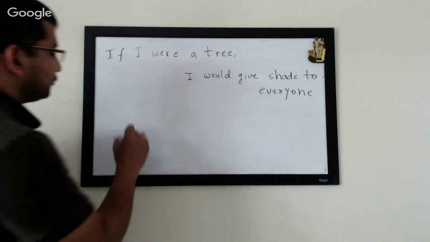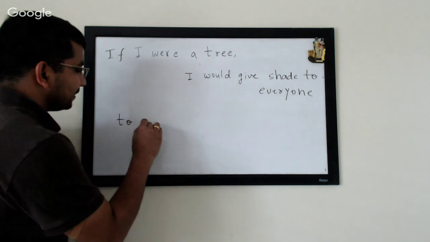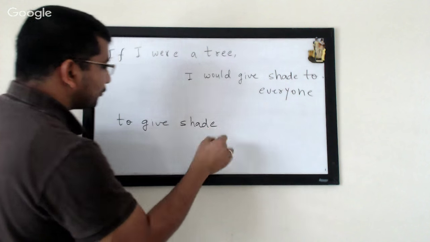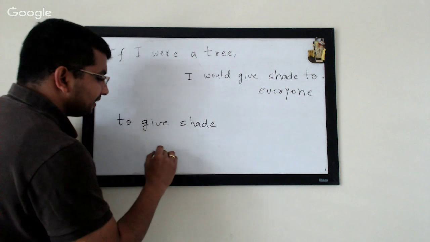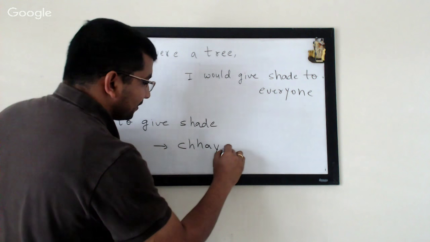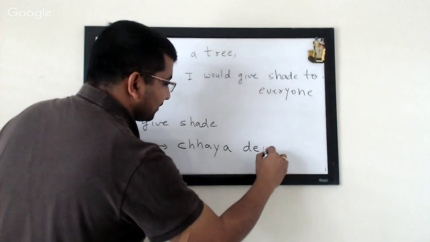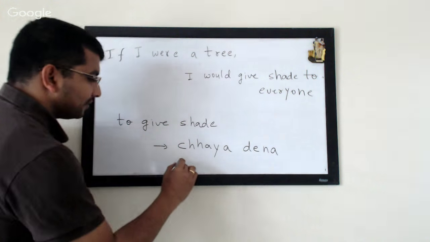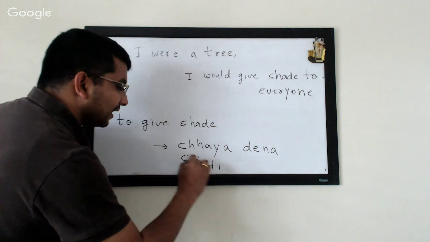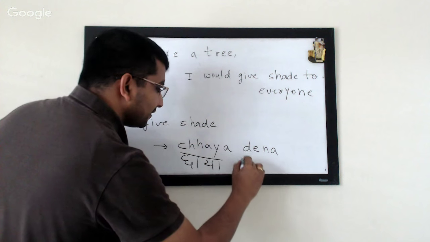Okay. To give shade, or to protect from sun, is छाया देना. So it's ch with a, year with a, छाया देना.